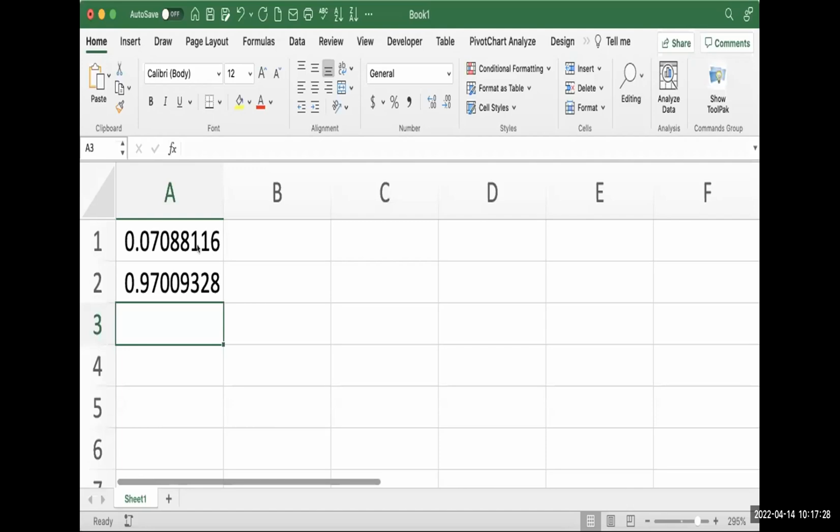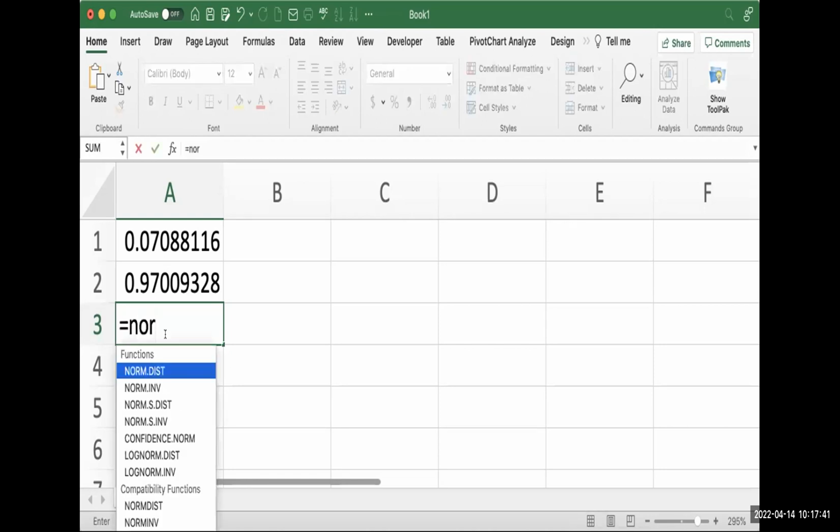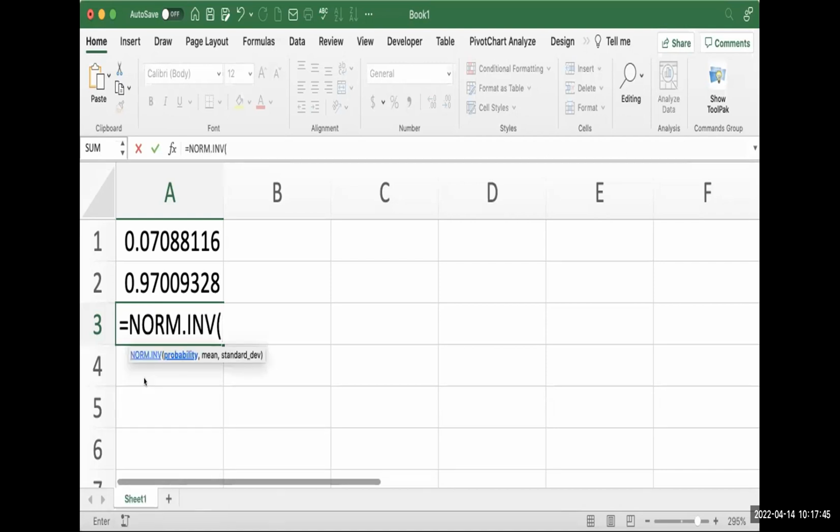Okay, so let's write that into Excel. So NORM.INV is the command we're going to use. And we have here 1 minus 0.0110.